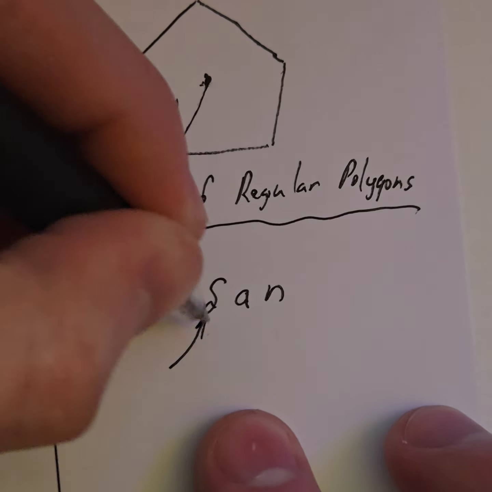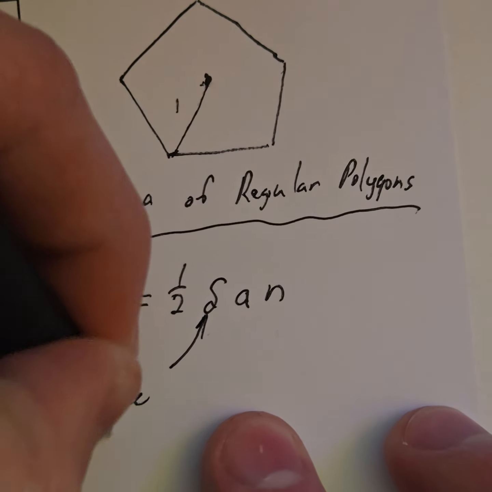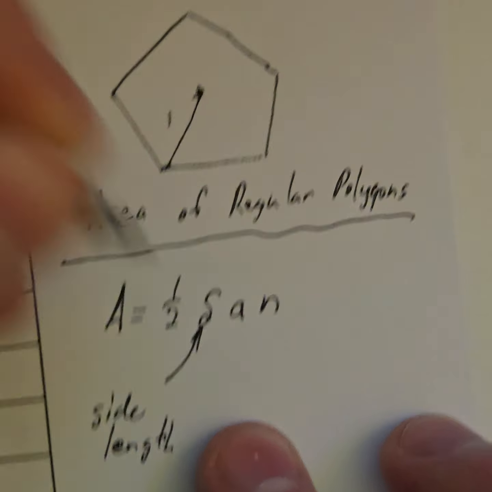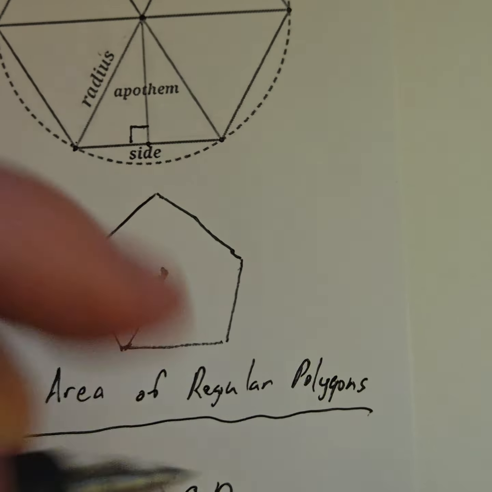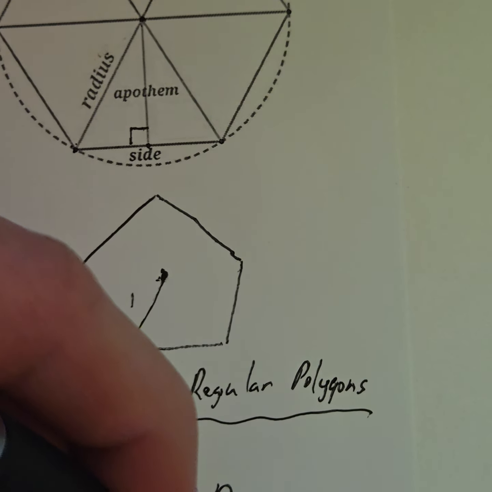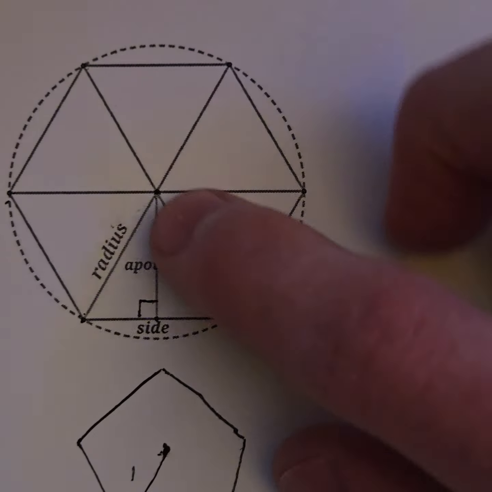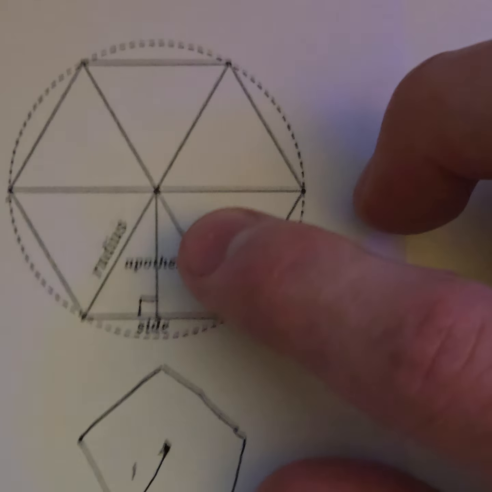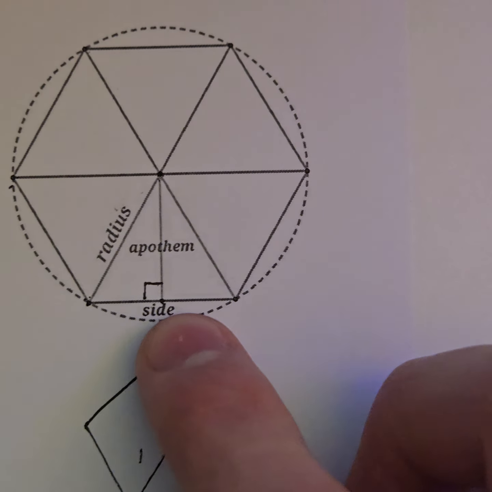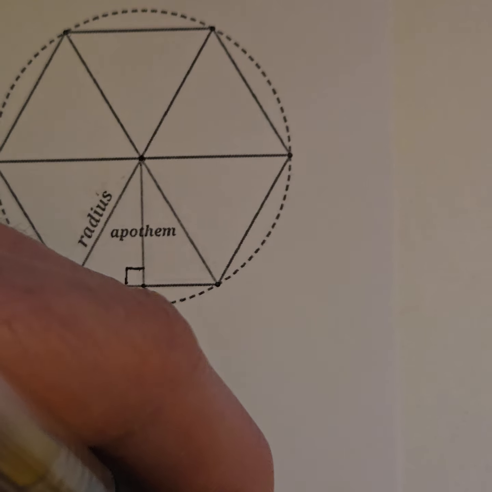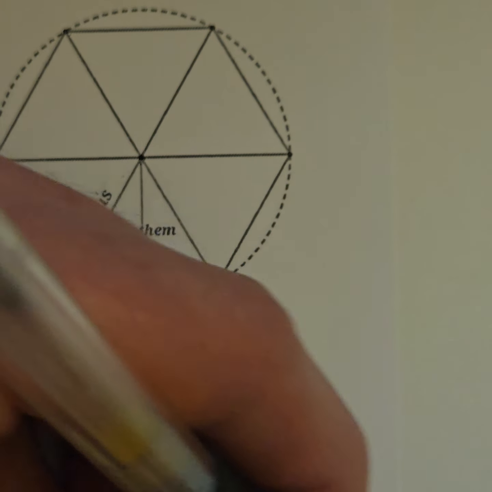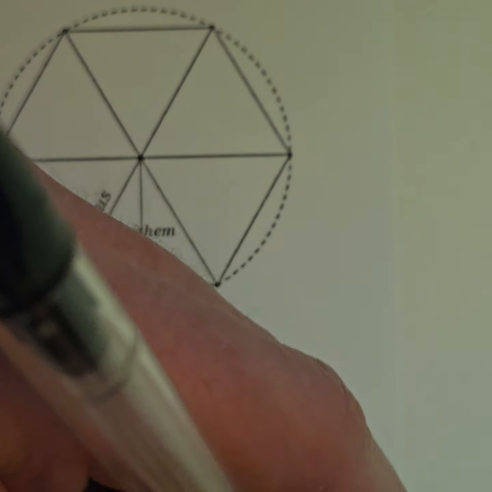Remember, S stands for side length. A stands for the apothem. So that's this side right there, going from the center perpendicular to a side. That's the apothem. And then N is your number of sides.